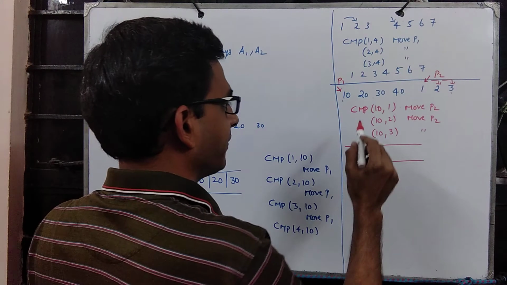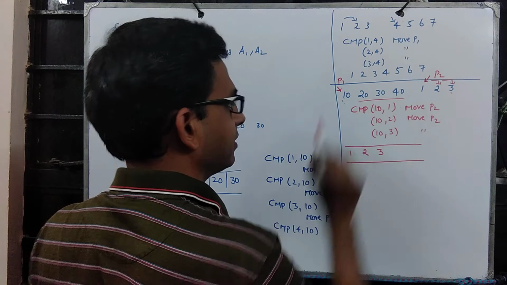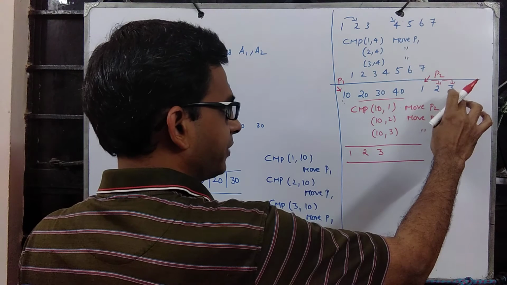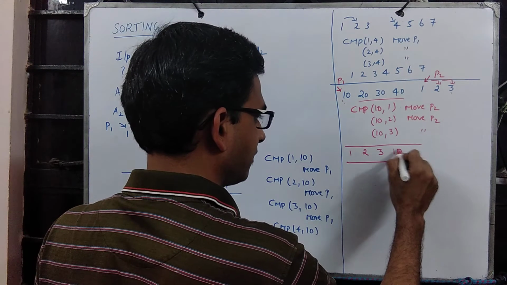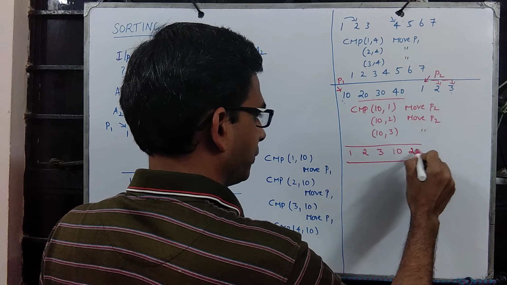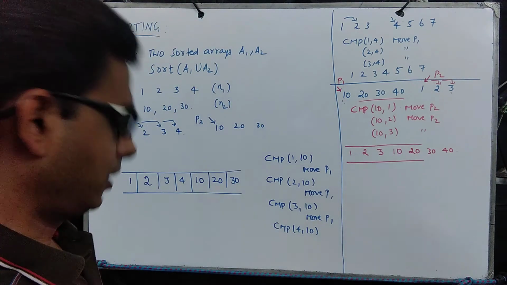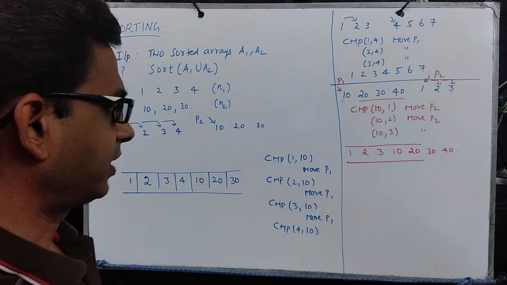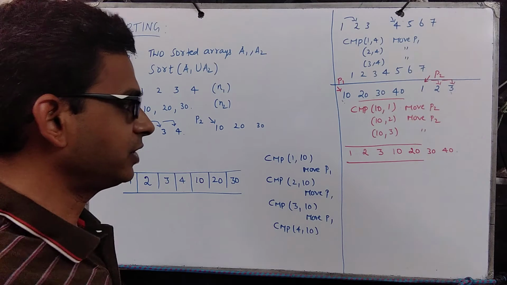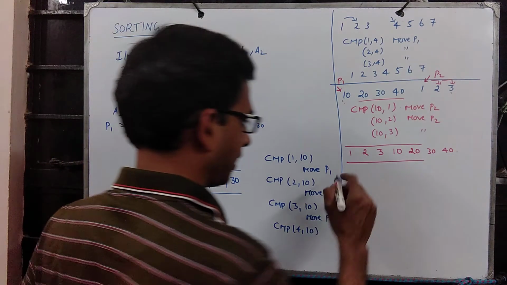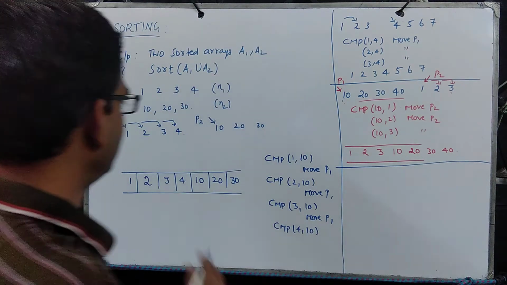On the other side, all these elements are at least this, which means the moment you exhaust P2, you can simply copy the rest of A1. So you get 10, 20, 30, 40. So the idea is this: I am giving you possible scenarios or case studies using which we are going to estimate how many comparisons we incur to answer this question.